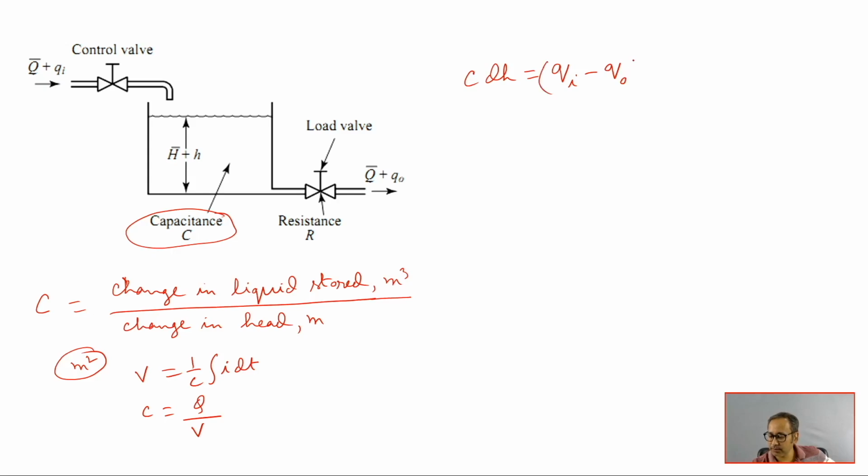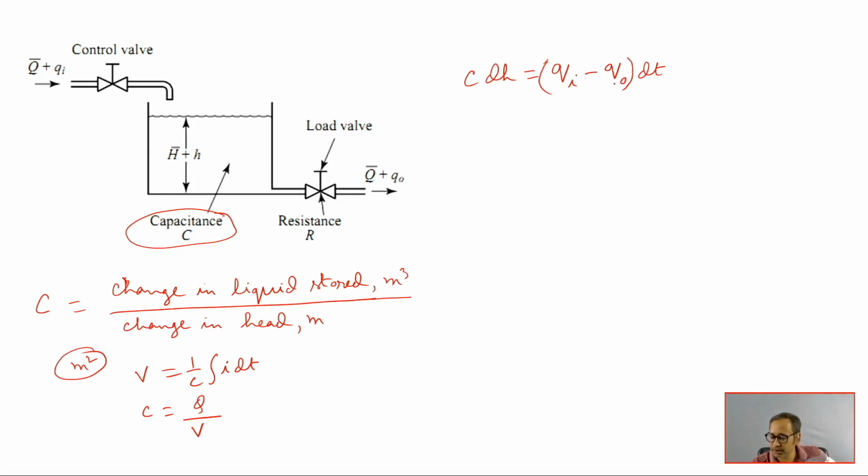The dH signifies that in infinitesimal time dt, this is the change in H. So, C dH is the change of the liquid stored, and that is nothing but (Qi minus Qo) dt.